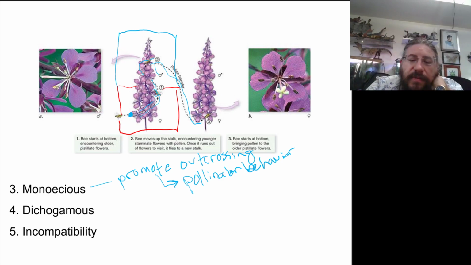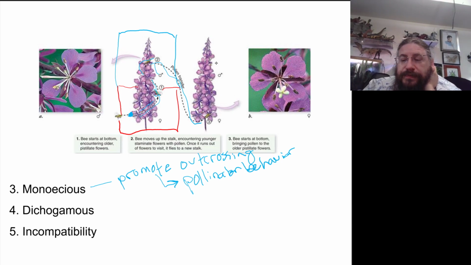So this is pollinator behavior. So coevolution to promote outcrossing with pollinator behavior. So this big spike of flowers and the bees working in a spiral up them where they reach the female flowers first, then pollen, then move to the next flower and hit the female flowers of that plant, and then pollen and ad infinitum.